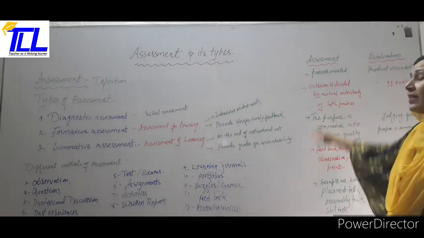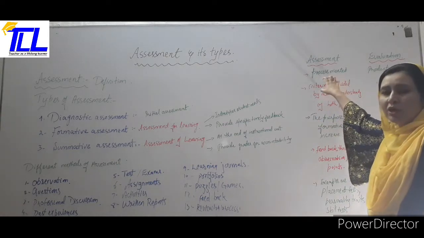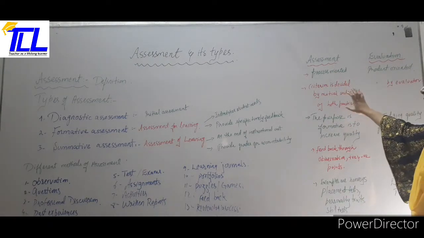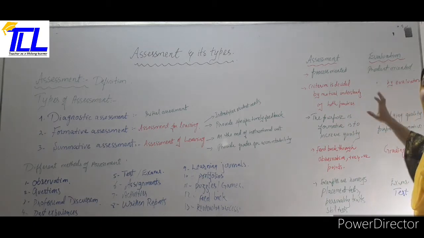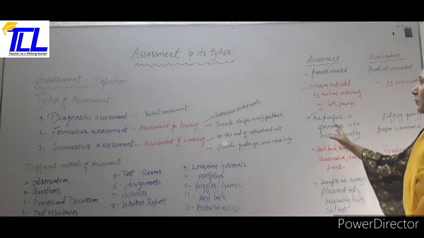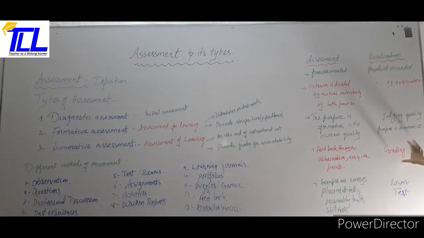The criteria is decided by mutual understanding by both parties in the assessment process, while in the evaluation process criteria is decided only by the evaluator, only by the examiner. The feedback through observation is always positive, with negative points. There is so much feedback we can get through the assessment process, and in evaluation we can only get grades, marks.